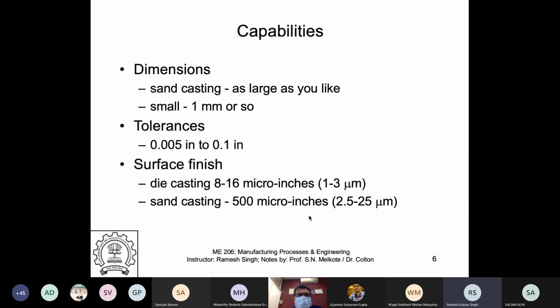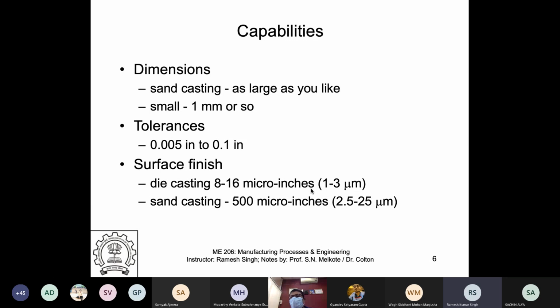And the surface finish is in die casting. I will tell you what die casting is in a little bit, and what sand casting is. Die casting is when you have a permanent mold. You can take a steel mold and inject aluminum or brass in it. That will be die cast.